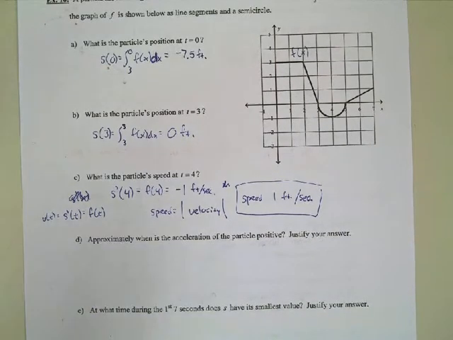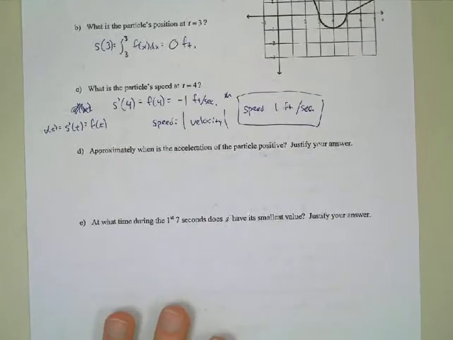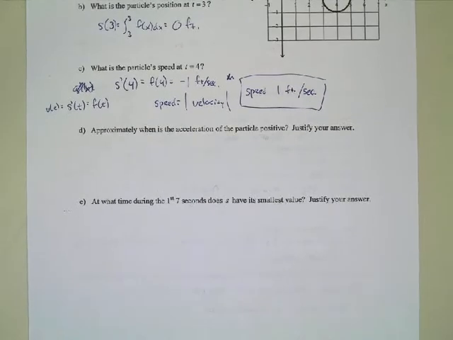Letter D: approximately when is the acceleration of the particle positive? Now we're talking about the double derivative, because we're talking about acceleration. So let's get someone else here. Donovan, ideas here?